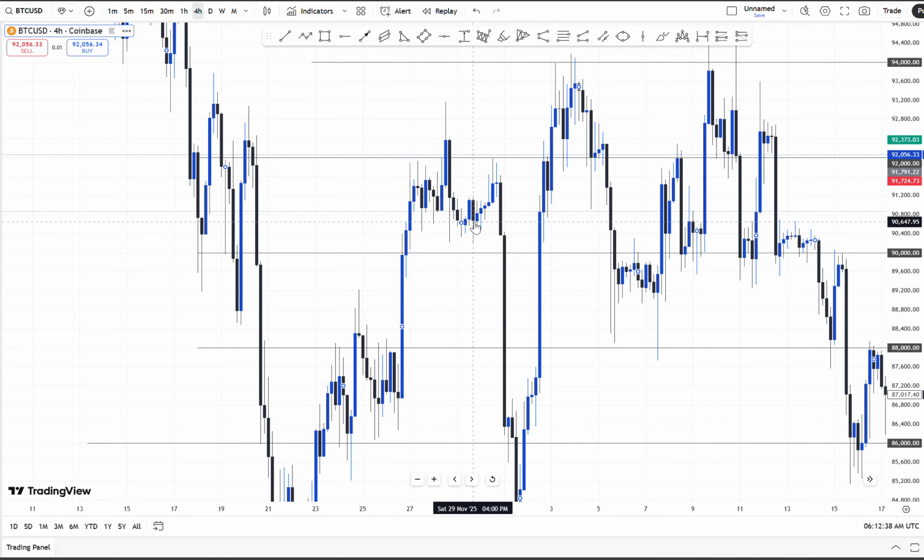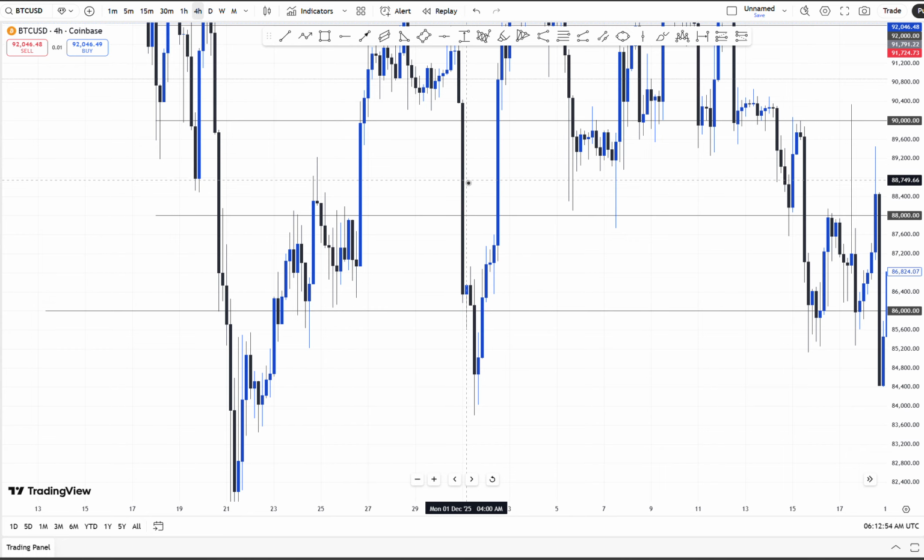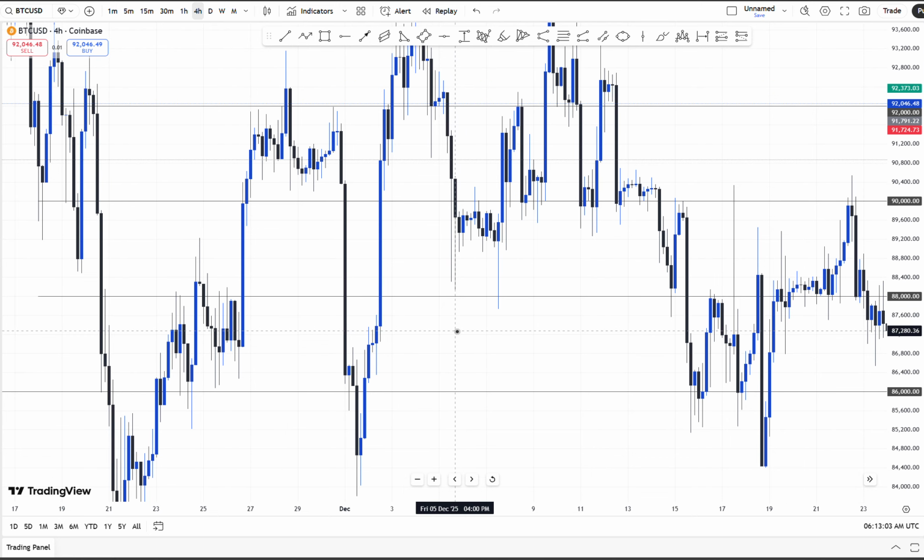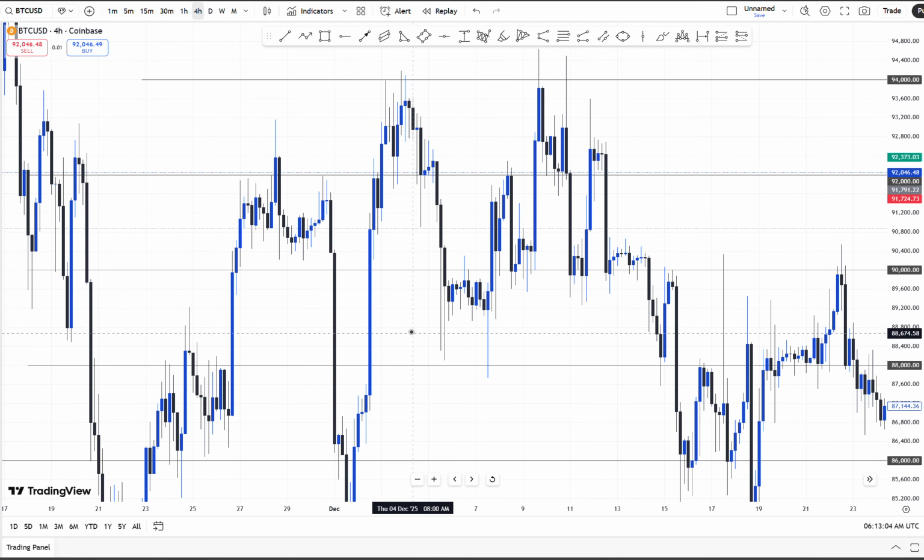After breaking out, sorry, we didn't retest. We broke out to the downside, and then after breaking out to the downside, you could see a retest on that region. We broke this level, we broke that level. We see the market reacted around this region, but you could see the bearish presence was so much that this level couldn't hold, so we broke out to the downside. Okay, so this is basically what we mean by psychological level.